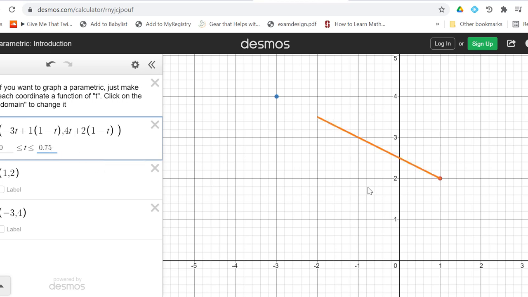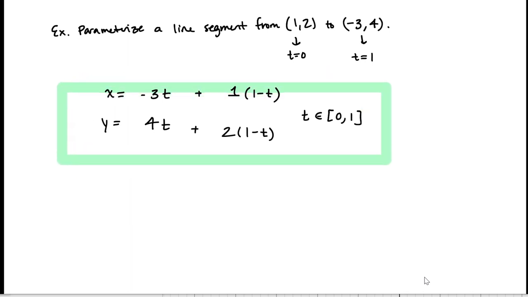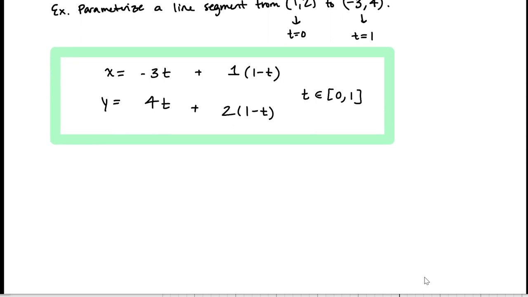So it's clear that we are starting at 1, 2, and we are ending at -3, 4. Sweet. Okay, so we are done with the line segment one. And hopefully this is feeling a little bit less scary at this point.